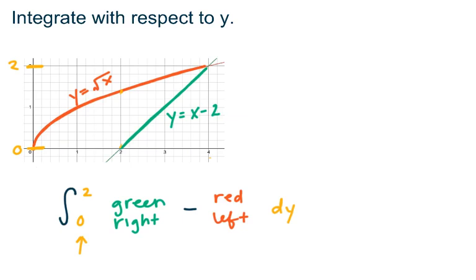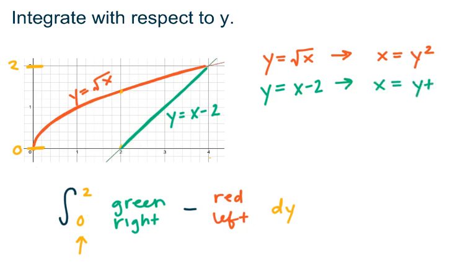And what that means is I need these two functions to now be written in terms of y. So y equaling square root of x, I could rearrange that and say, well, that is the same as x equals y squared. And similarly, y equals x minus 2, that's the same as x equals y plus 2.